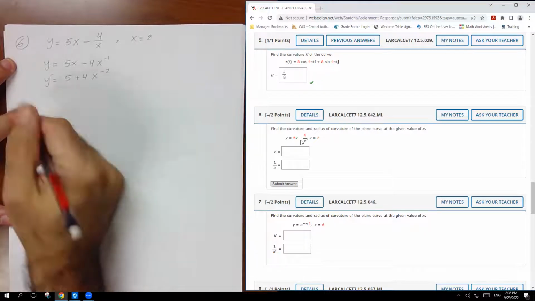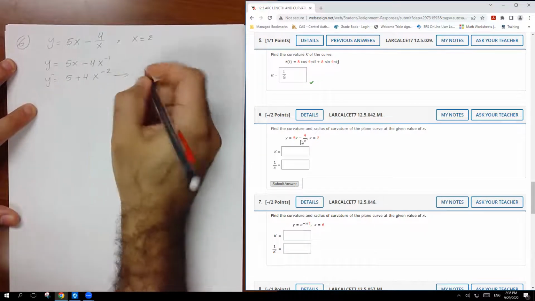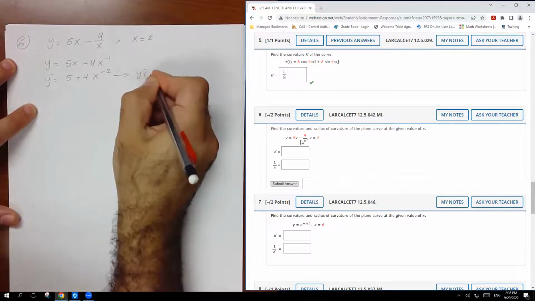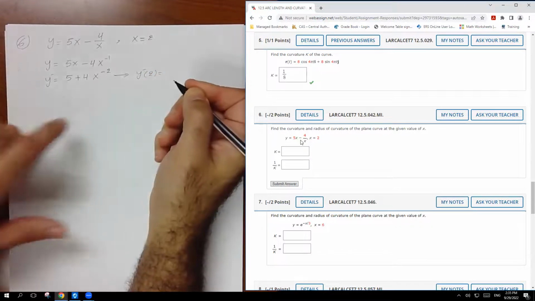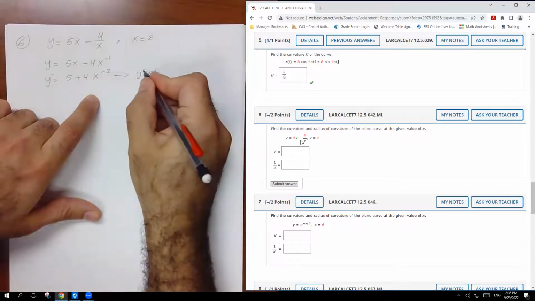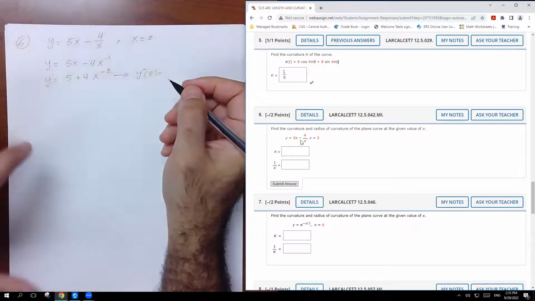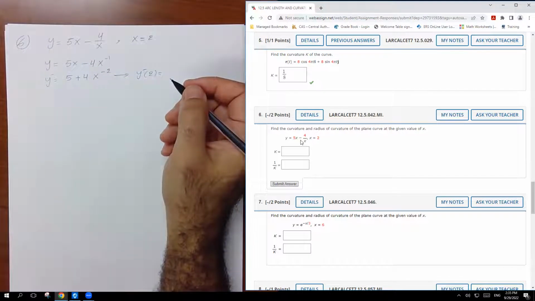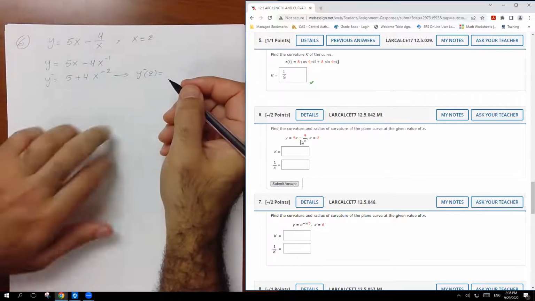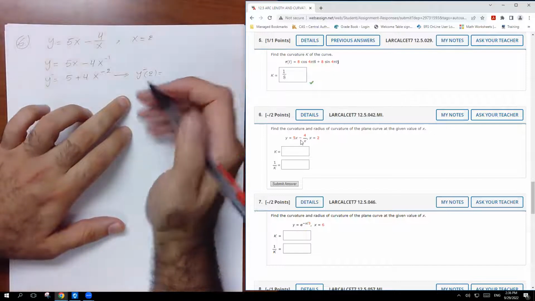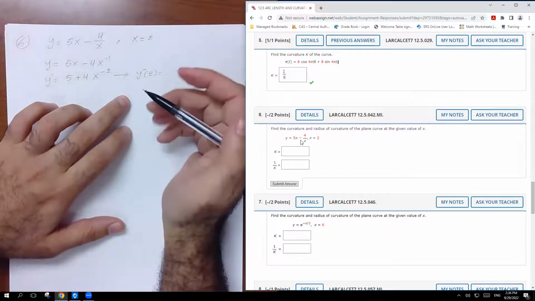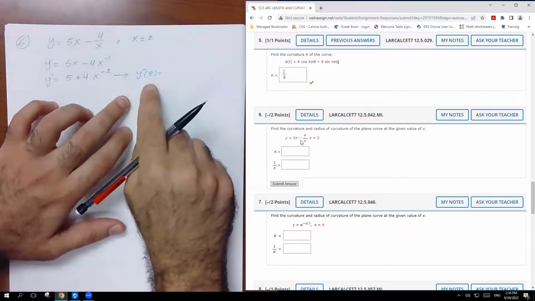Then from this one, I'm going to say y prime squared is going to be, so when you have xy and you need to find the curvature and the radius, you're going to use a new formula. If you check the slides, there's a new formula when you have xy coordinates.